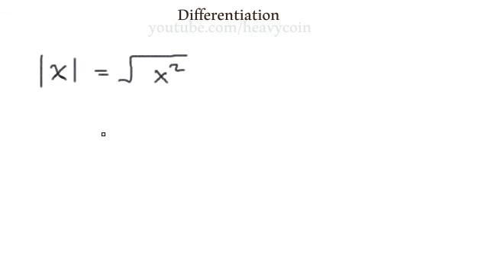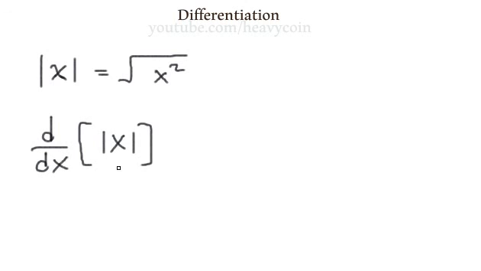Alright, so this is how this works. Let's say we're asked to find, and I'm going to use this notation, no rhyme or reason, just to keep your mind fresh, the derivative of the absolute value of x.